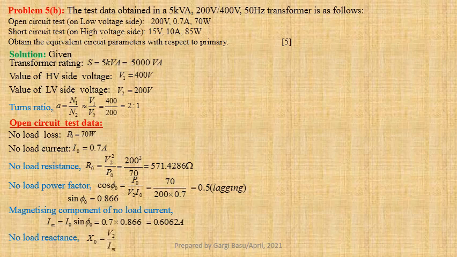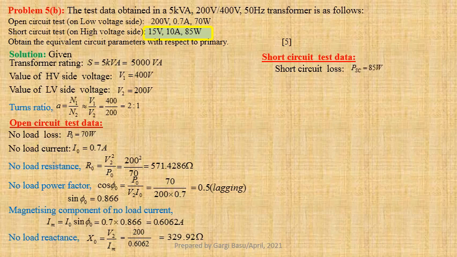X0 equals V2 by Im, that is equal to 200 divided by 0.6062, that gives us 329.92 ohm. From short circuit test data we get short circuit loss PSC equals 85 watt. Short circuit voltage VSC equals 15 volts. Short circuit current ISC equals 10 ampere.